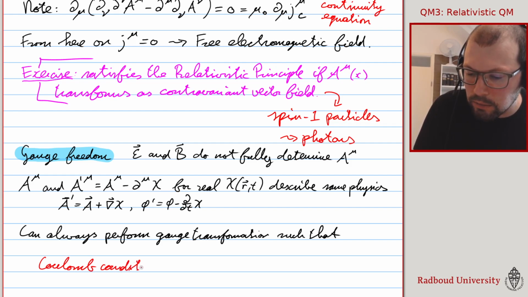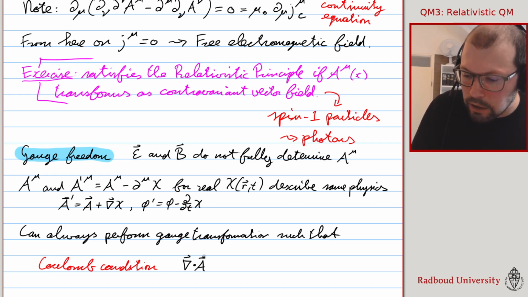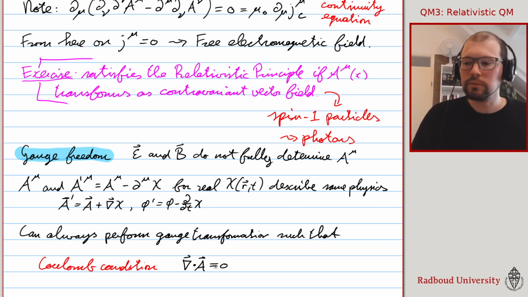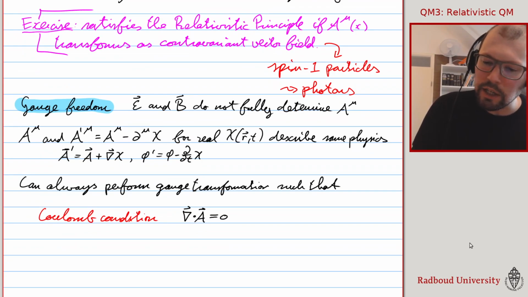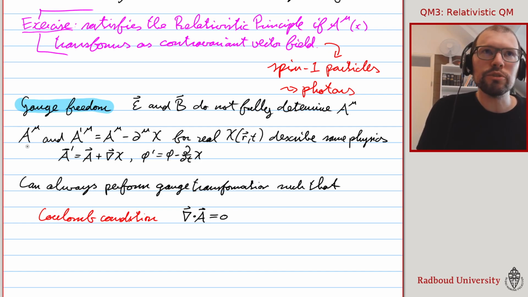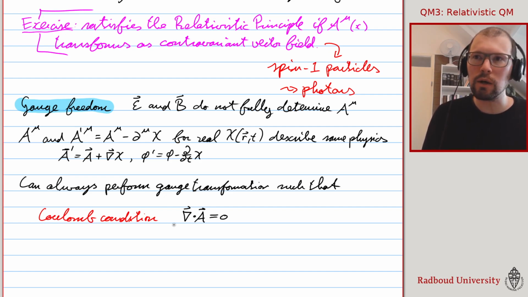So this is the Coulomb gauge. What does that mean? It means that we require the divergence of the vector potential to vanish. So what is this saying? It is saying that if I have an arbitrary four potential A mu, I can always find a chi such that subtracting this, the transformed four potential A prime satisfies this equation. Now here I'm just dropping the prime because I'm imposing it on the fields that we're going to allow.